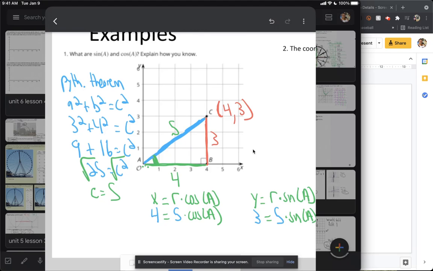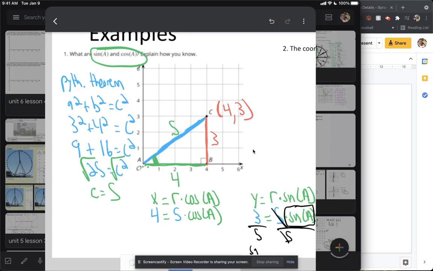Okay. And now I can actually use these to answer the question, what is the sine of a and the cosine of a? So for sine of a, I'm going to use the formula off to the right here. To get sine of a by itself, I have to divide both sides by 5.